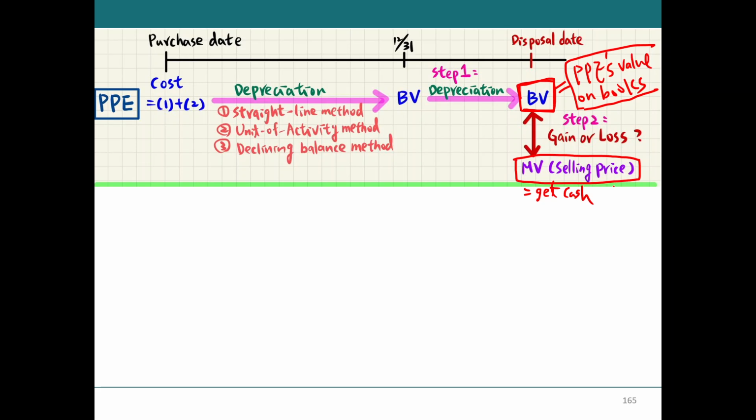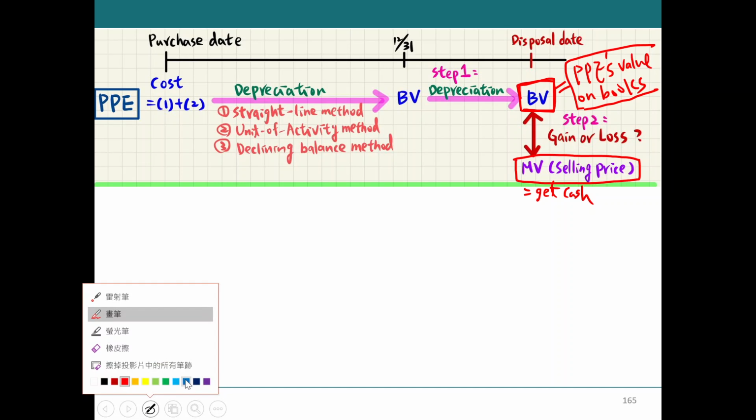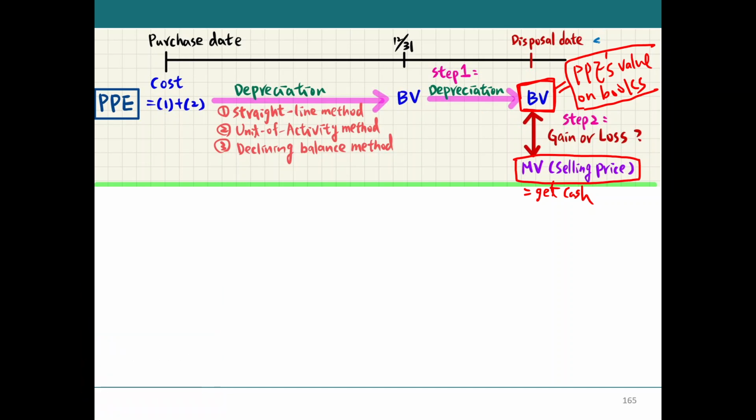So for this business, you should understand it's your gain or loss, right? So it's your gain or your loss. You have to compare book value and market value to understand the transaction is your gain or your loss, right? So for example, your book value is 100.